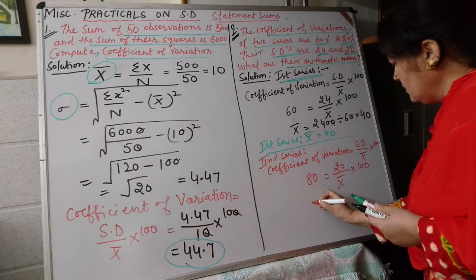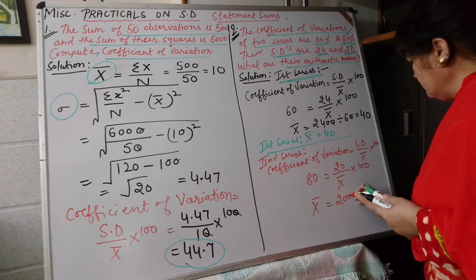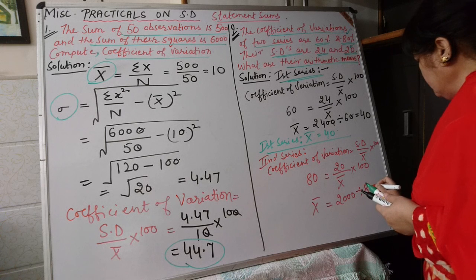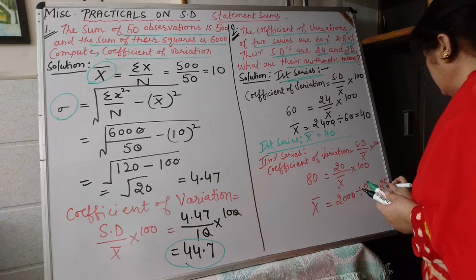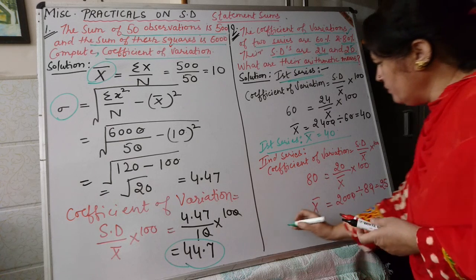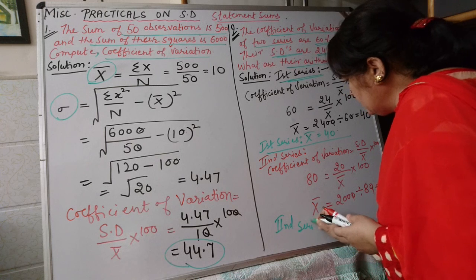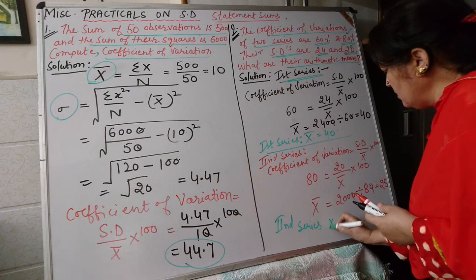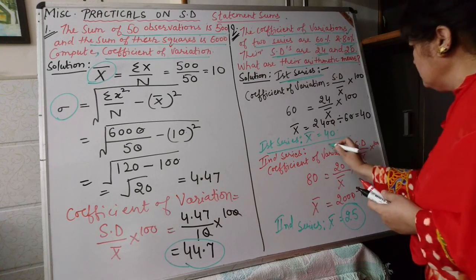Or the arithmetic mean is equal to 2000 divided by 80, which is equal to 25. So the arithmetic mean in the second series is 25.